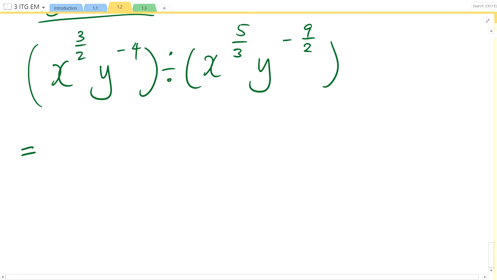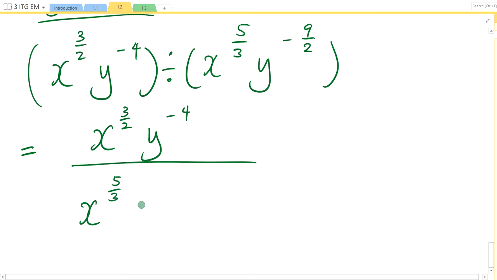Change to a fraction, yeah, because I don't like the divide. So x power 3 over 2, y power negative 4 over x power 5 over 3, y power negative 9 over 2. Did I change any power? No, I didn't. I simply placed the whole right hand side as the denominator.